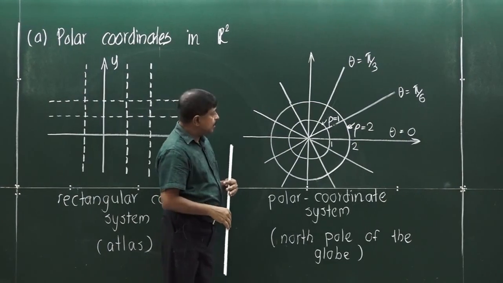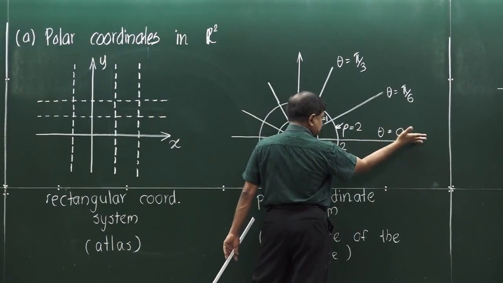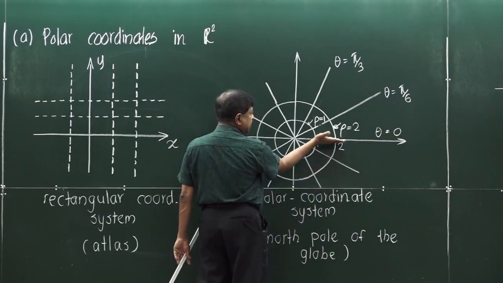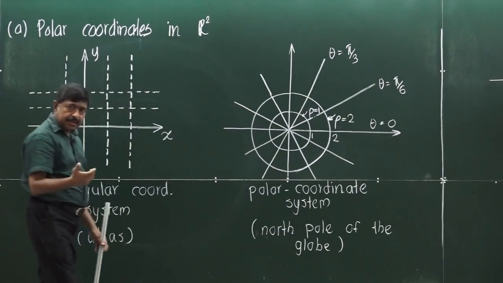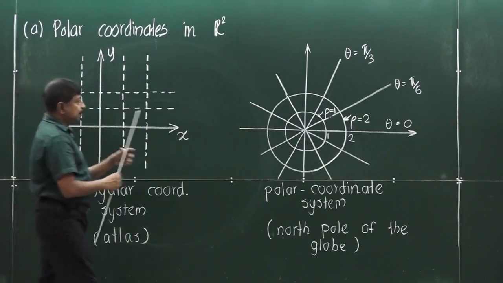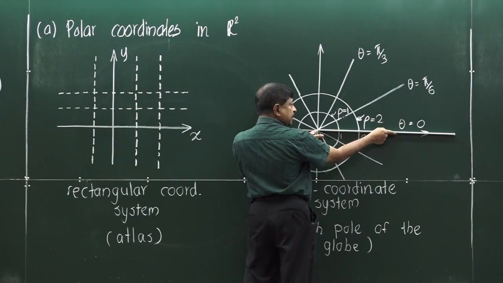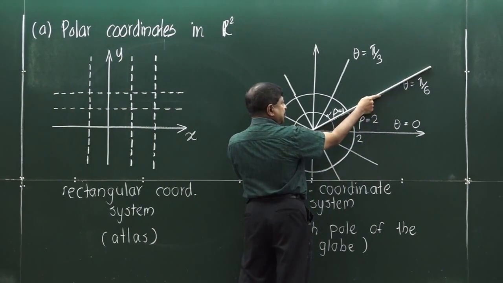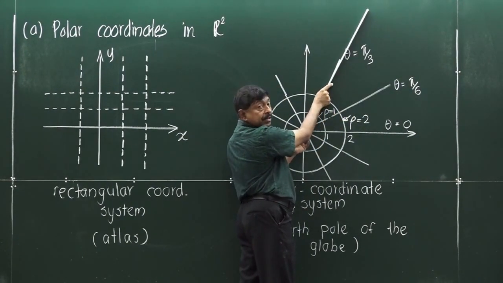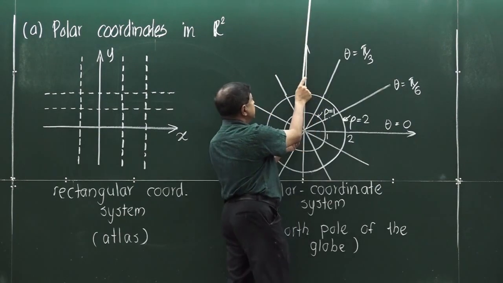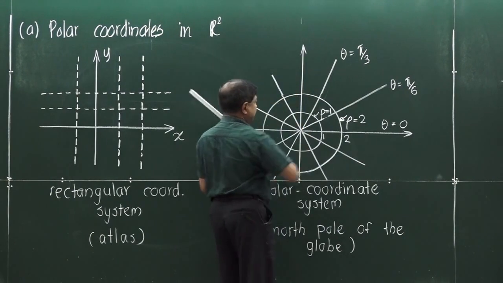On the other hand, theta is the angle measured from the positive direction of the x-axis in the anticlockwise direction, like we usually measure angles in trigonometry. So, theta is 0 on this portion of the line. Here theta is π/6 or 30 degrees. Here it is π/3 or 60 degrees. Here it is 90 degrees or π/2 radians, like that.